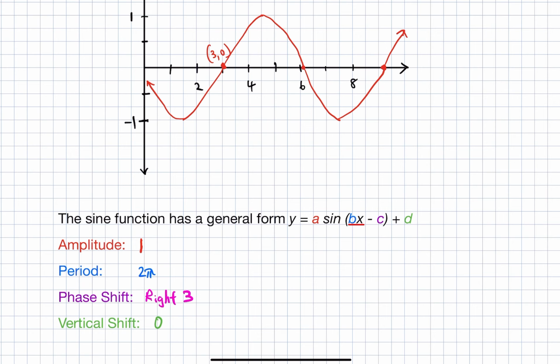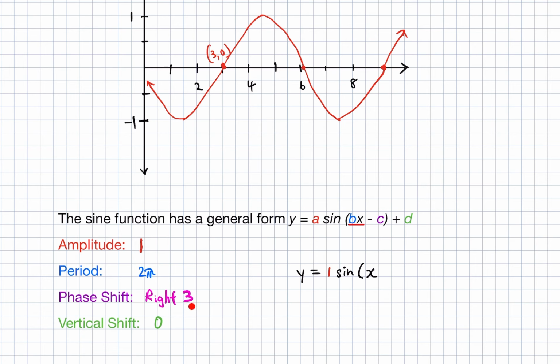So if we were to write the equation, it would be in this form. So we would write the following. We'd say that the function is y equals 1, which is our amplitude, sine. Our period is 2 pi, so then our b is essentially 1. So we're going to say sine of x. And then our phase shift, well, what is our phase shift?